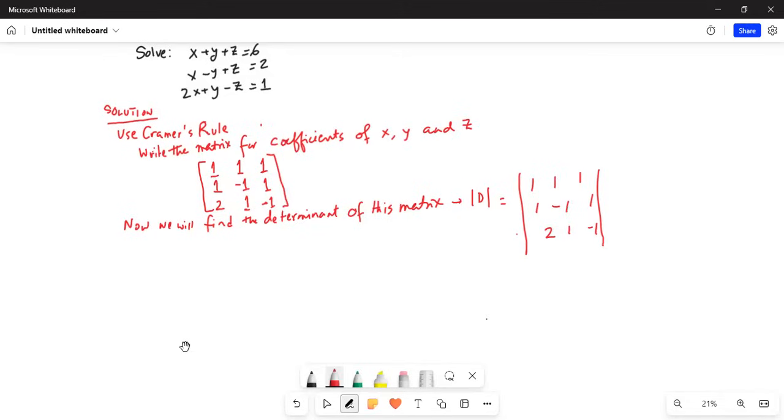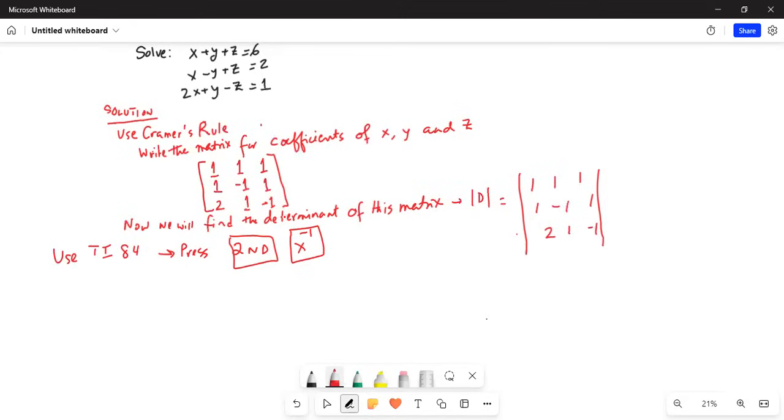On the TI-84, press the second button, which is in the top left corner, and then X minus 1.